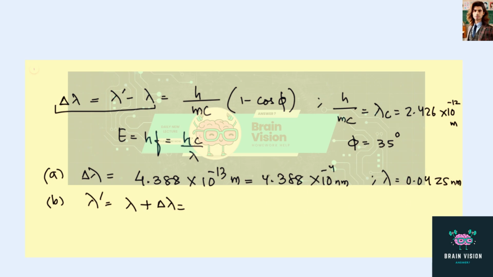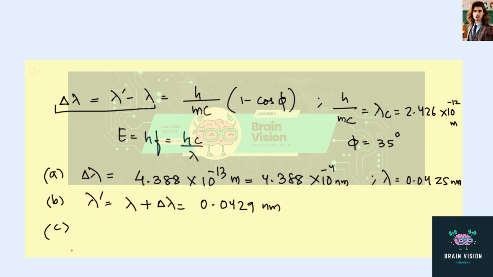So we can plug both the values of lambda and delta lambda. We have both of them in nanometers, so no worries in any conversion. And we get lambda dash in nanometer as well. That's equal to 0.0429 nanometer.